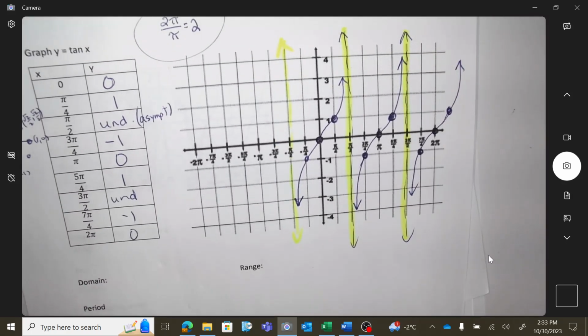Okay, and the pattern just keeps repeating like that. So this one is not considered a sinusoidal pattern because it doesn't fluctuate like waves. It won't do that.